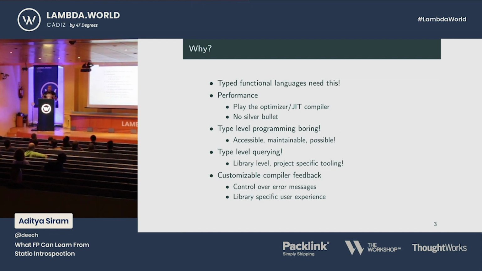With the Haskells and the OCamls and things like that, what you have is language level feedback, and the more expressivity you throw into those type systems, the less good those error messages and diagnostics are going to be, for the simple reason that the language can't possibly know what you intended. Here, library authors know what you intended and can control the error messages and the diagnostics such that they can give you something with a little more semantic meaning than what the language could possibly give you.